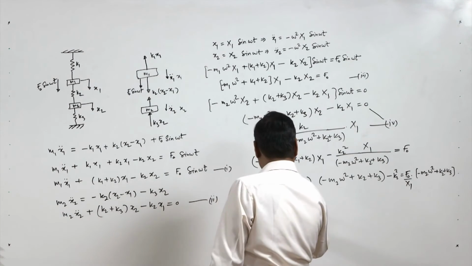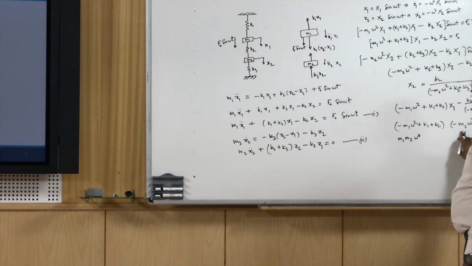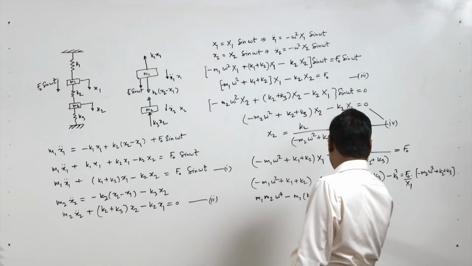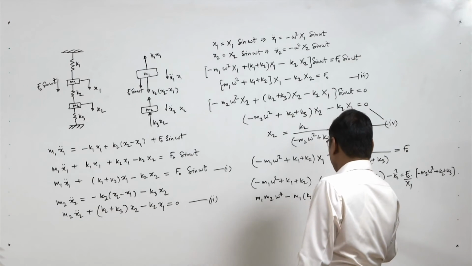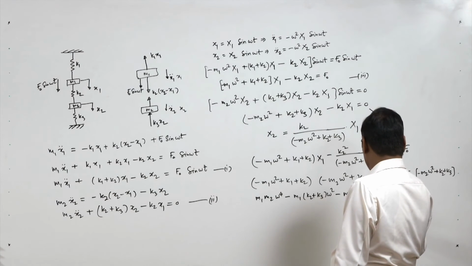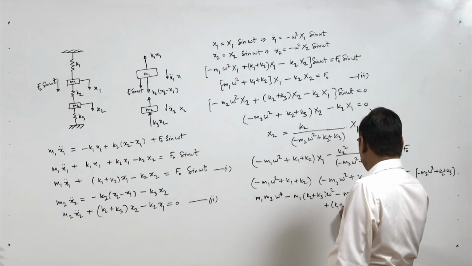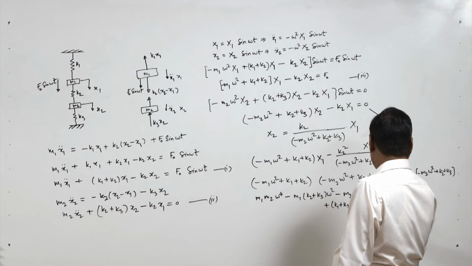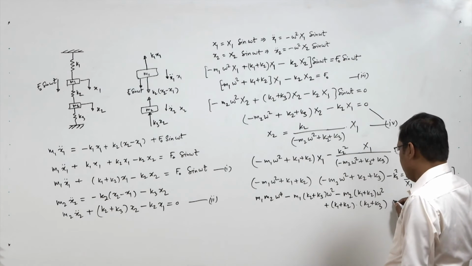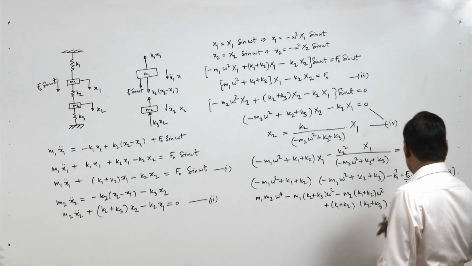So this is m1 m2 omega power 4 minus m1 k2 plus k3 omega square minus m2 k1 plus k2 omega square plus k1 plus k2 into k2 plus k3. Minus k2 square, that is equal to this same term.